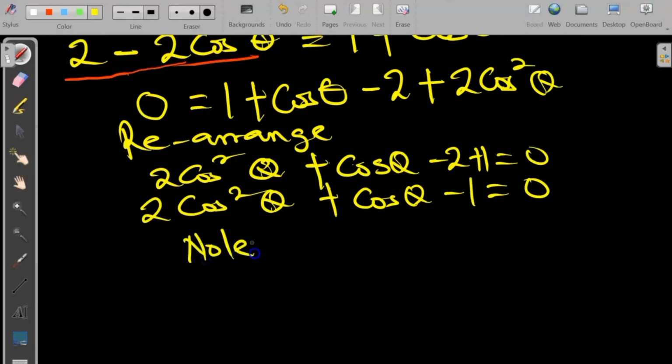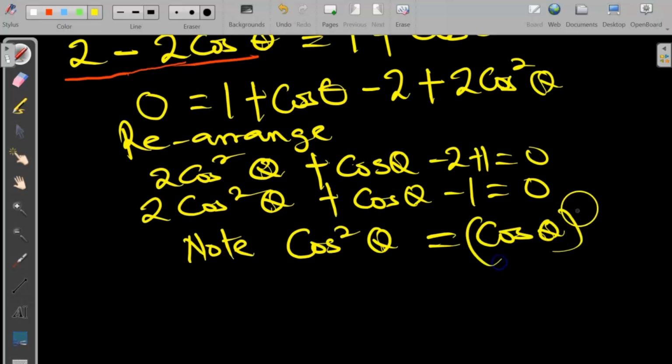Note, cos squared theta is the same as cos theta all squared.